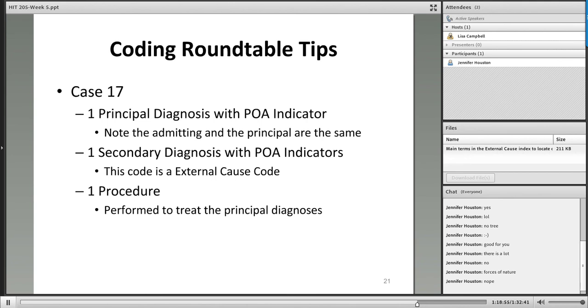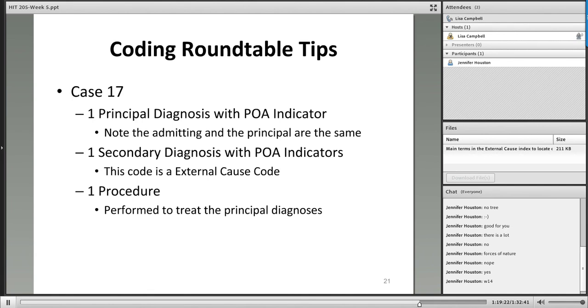Because when the tree is striking you, more than likely, it's falling. Under fall or falling, look for tree. And it gives you a code.